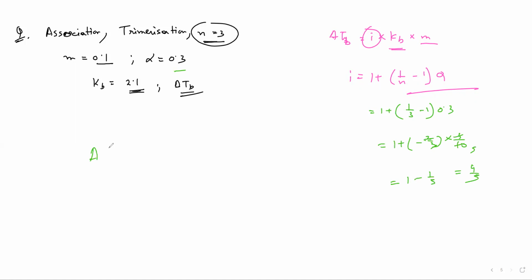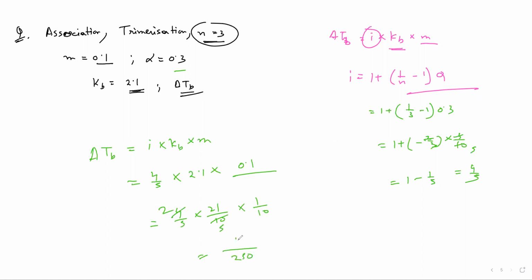Now just put the values. ΔTb equals i into Kb into m. i value is 4/5, Kb value is 2.1, molality is 0.1. Now go for the calculation. 4/5 into 21/10 into 1/10 gives 21/125. That will be the answer.